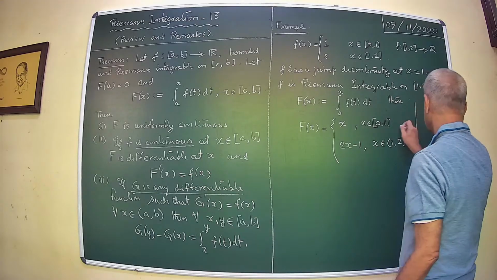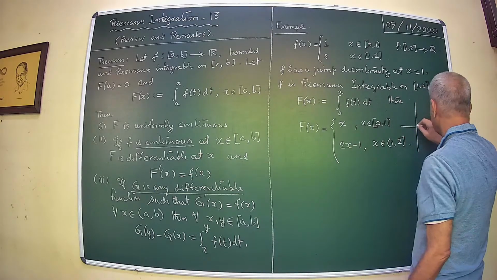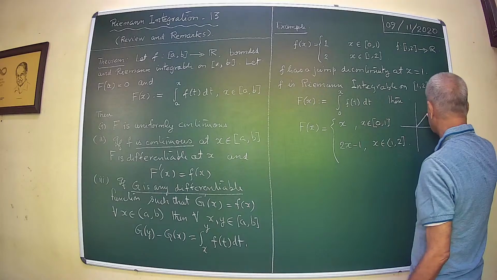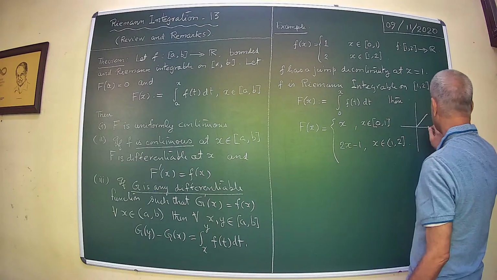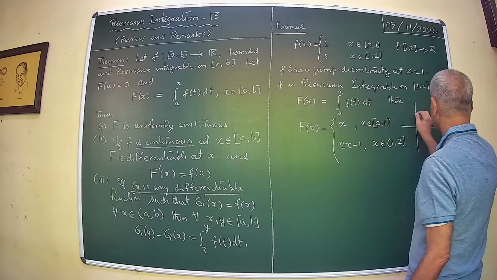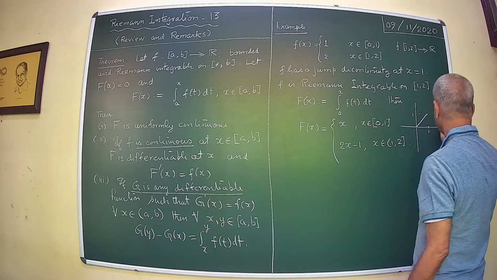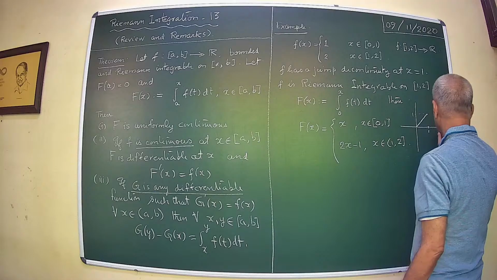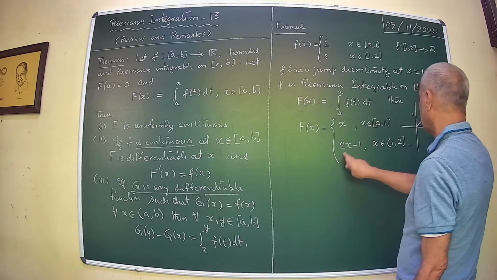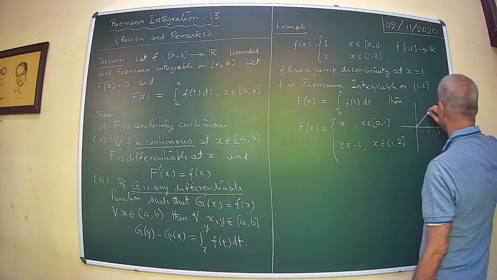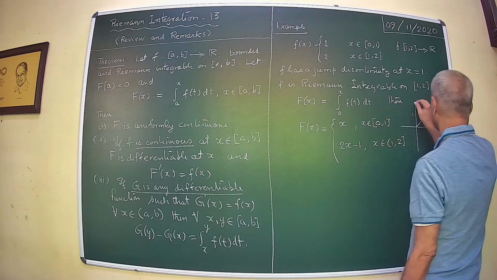In fact, this is the sort of function you get. This is 1, and then of course from 1 to 2, you see that at 2 it is 3. This function we have considered earlier.